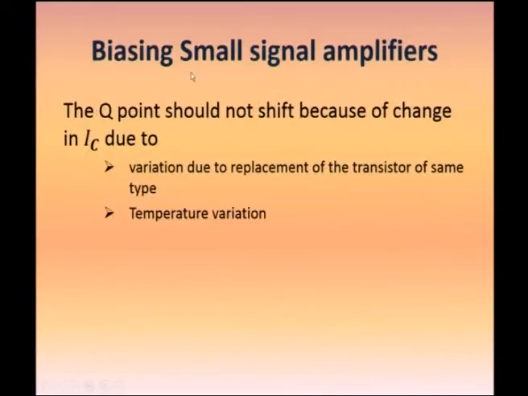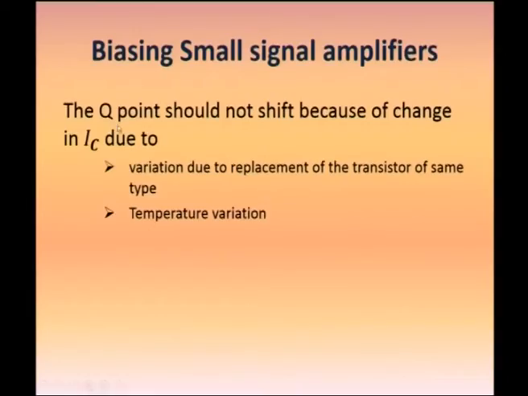Biasing small signal amplifiers. So, you have to choose the Q point after biasing the amplifier. The Q point should not shift because of the change in the collector current, because we know that the Q point is selected in the output characteristics of the amplifier, where VCE is drawn on the x axis and IC on the y axis.